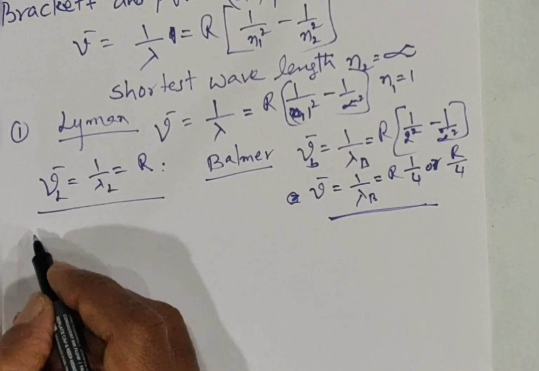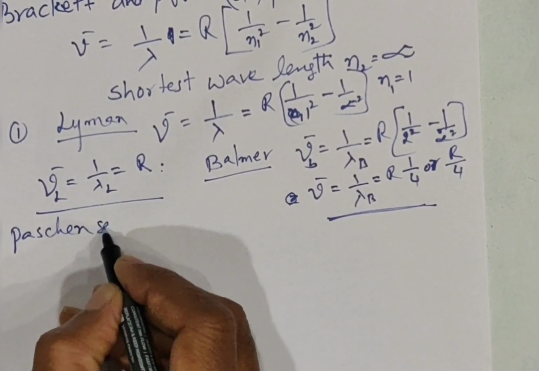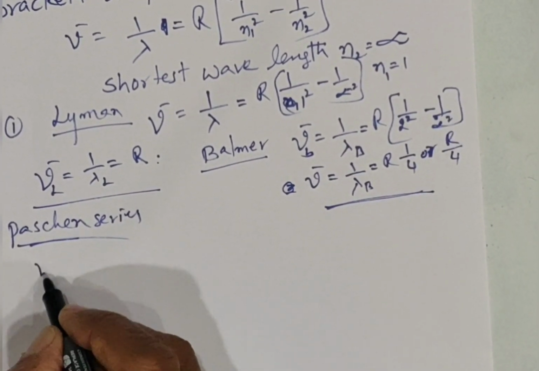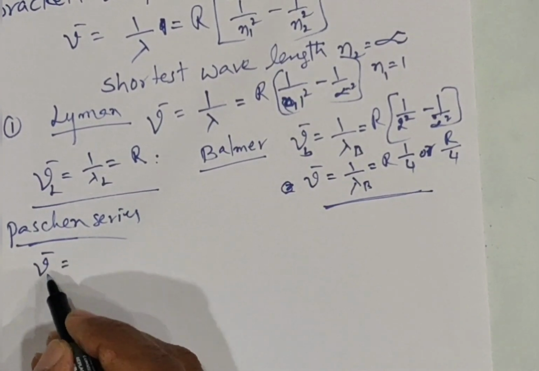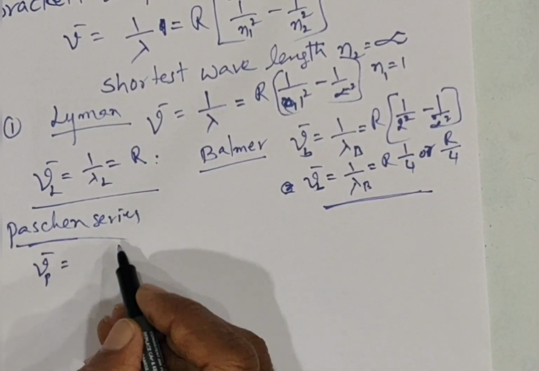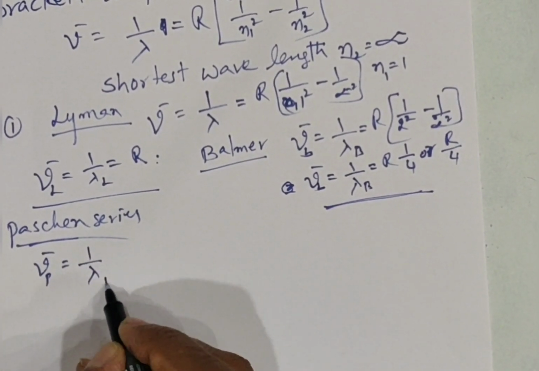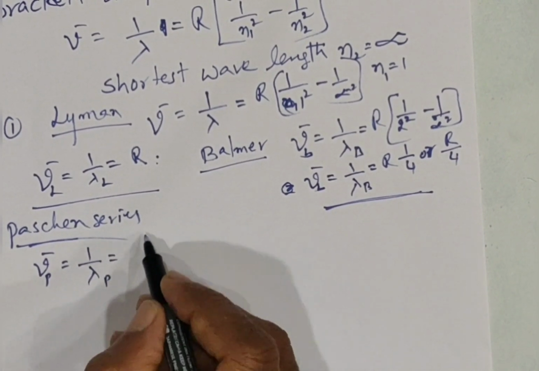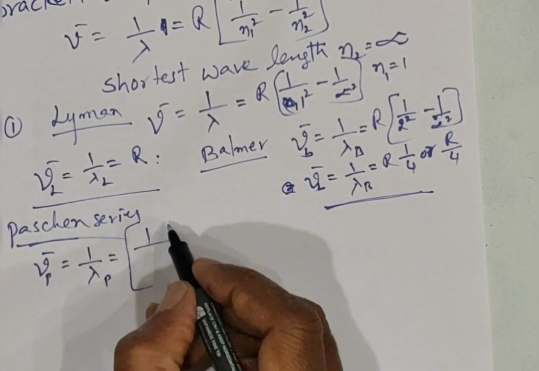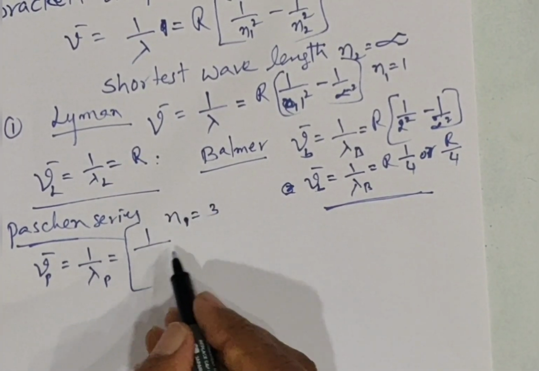Next series is Paschen. In Paschen series, you have to calculate in a similar way. Nu bar Paschen. Right? In Paschen series, nu bar is equal to 1 by lambda Paschen is equal to R into 1 by 3 square minus 1 by infinity square, as in Paschen series n1 is always 3. Right?